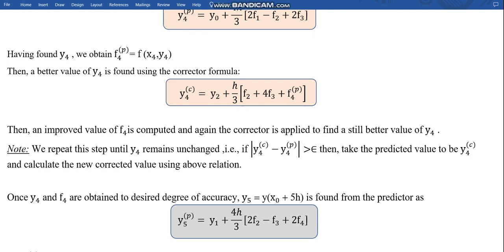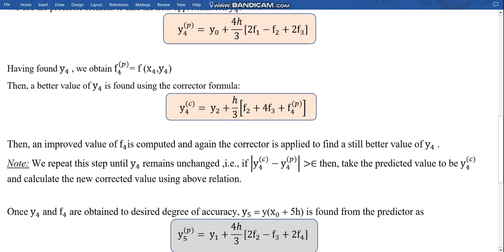It is given by y2 plus h by 3 times f2 plus 4 times f3 plus the predicted value of f4. Now you will notice one thing, that we are calculating y4 with the four past values, that is y0, y1, y2 and y3. So we have four values, so we are using them.